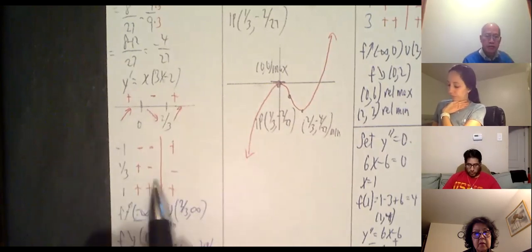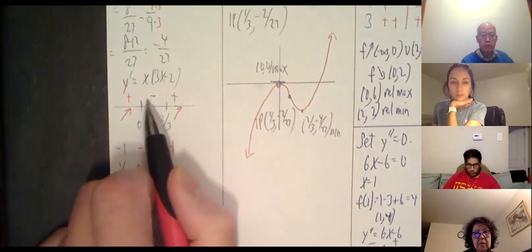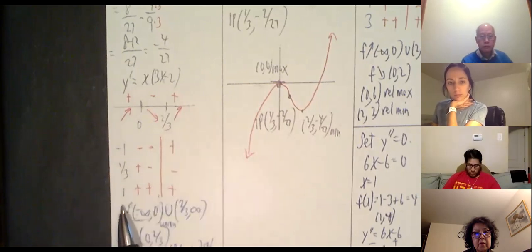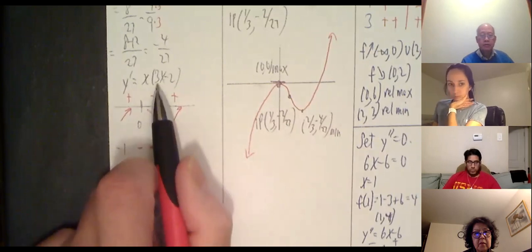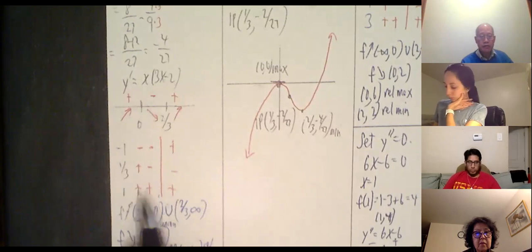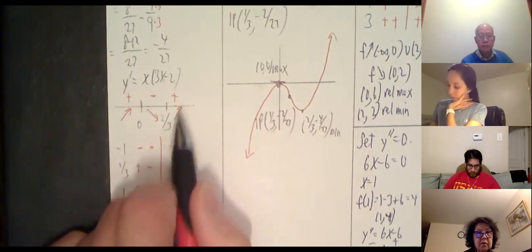So I have a positive times a negative, that's a negative. So this region, negative. And 1. 1 is positive. 3 times 1 is 3, minus 2, positive. Positive times positive, positive, increasing.